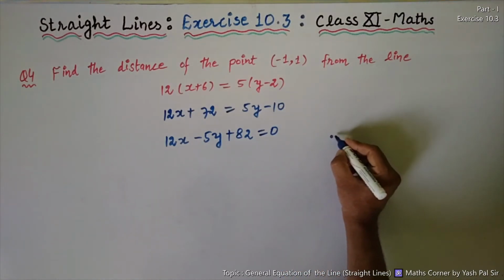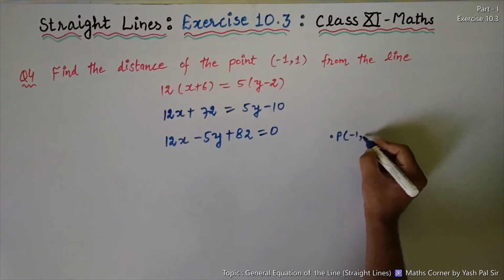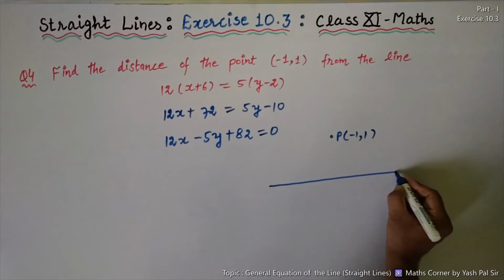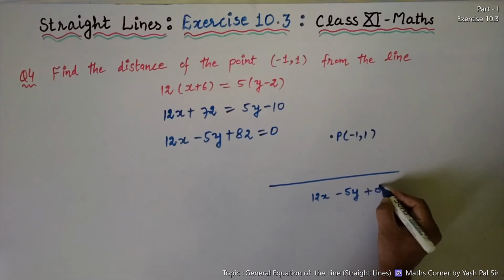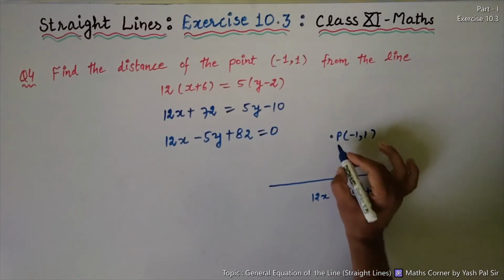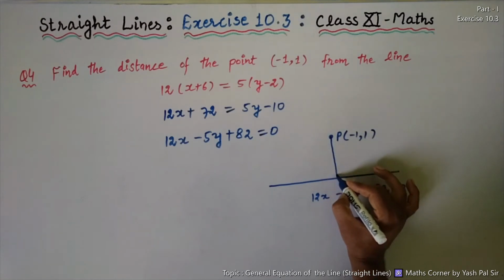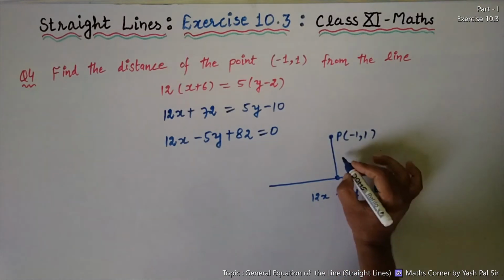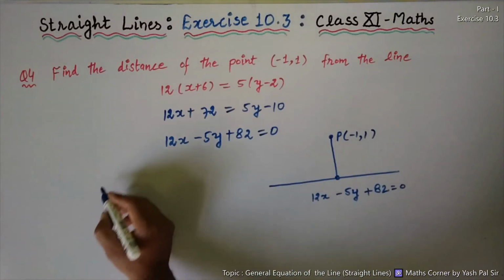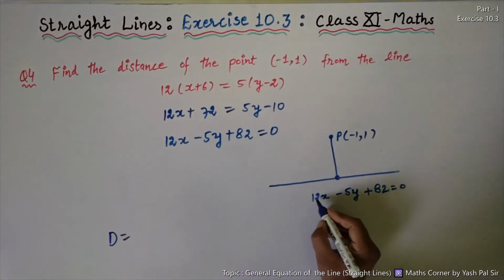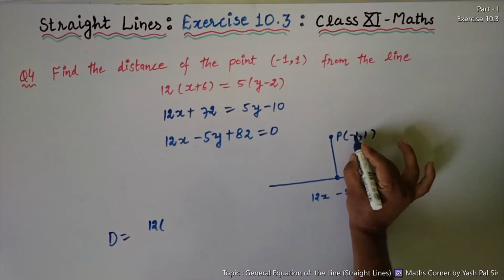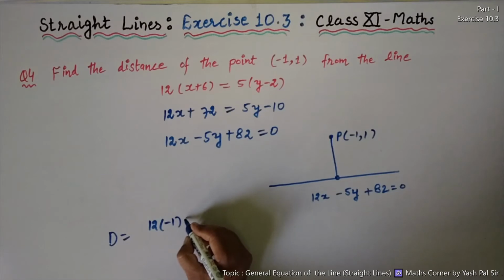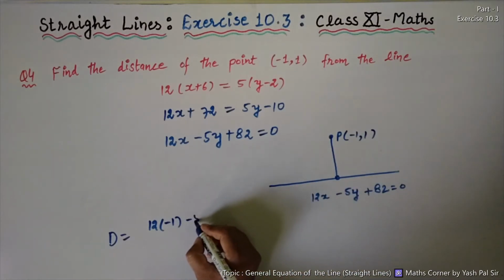Now, how to find the distance from this point? This is the point P, minus 1 comma 1, and this is the line 12x minus 5y plus 82 is equal to 0. Perpendicular distance we are going to find, right? So this perpendicular distance d is equal to 12 into, coefficient of x is 12, in place of x we write the abscissa of this point, minus 1.